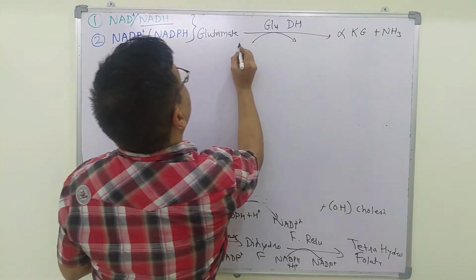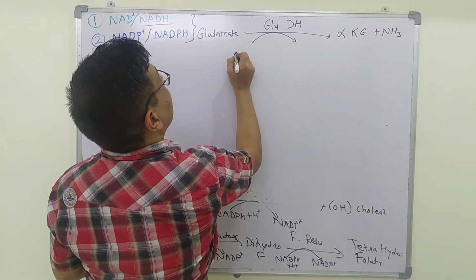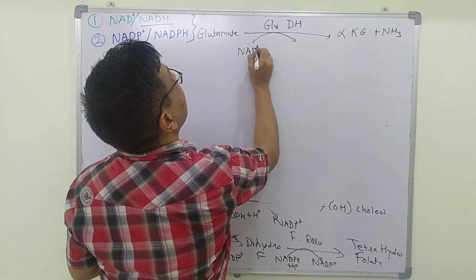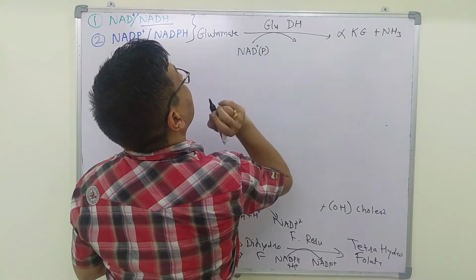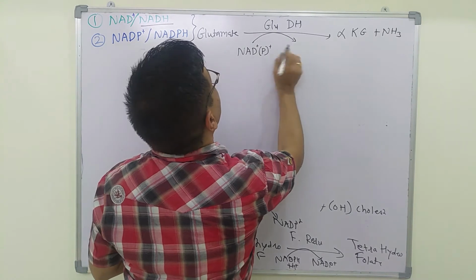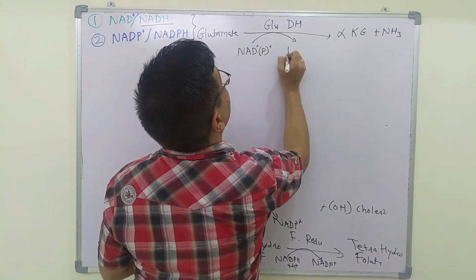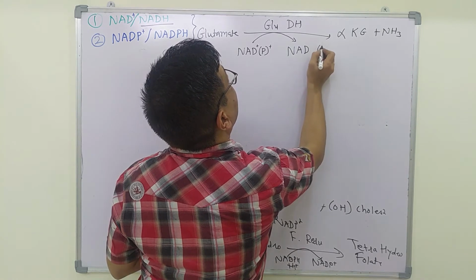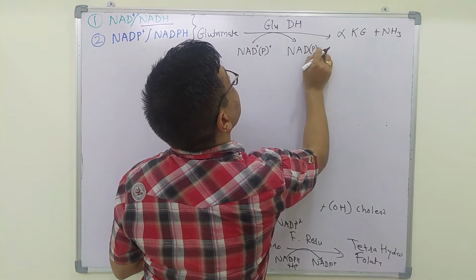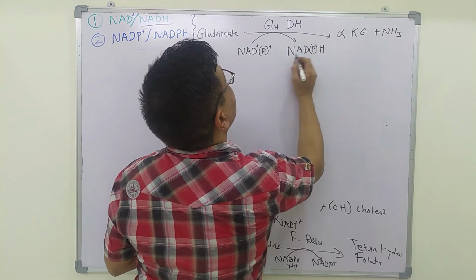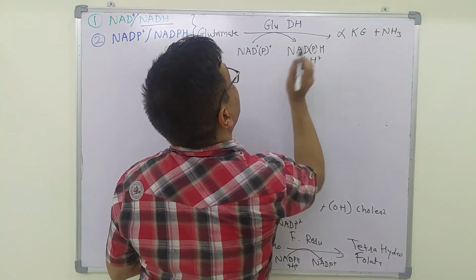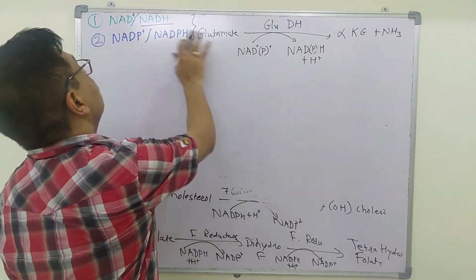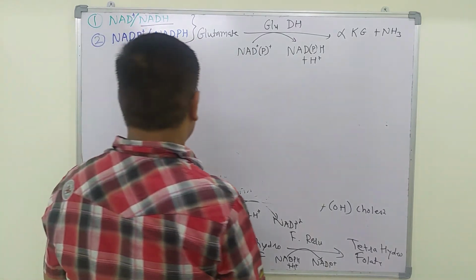This reaction can accept coenzyme as NAD or NADP, and NAD is converted into NADH or NADPH plus H plus. So this is an example where both these NAD or NADP can be utilized.